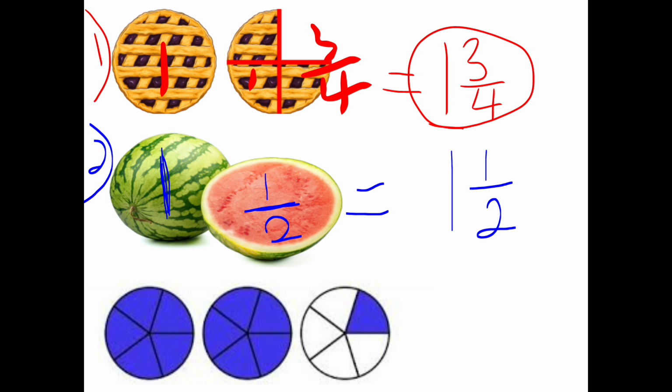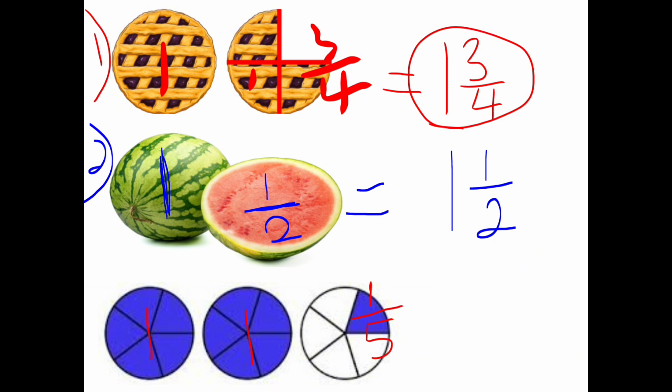So look at this shape here. We have a completely shaded circle. That is a whole. We have another completely shaded circle. We have another whole number, right? Good. And the third one is representing one shaded part out of how many parts? Out of 5. That is 1/5, right? Very good.